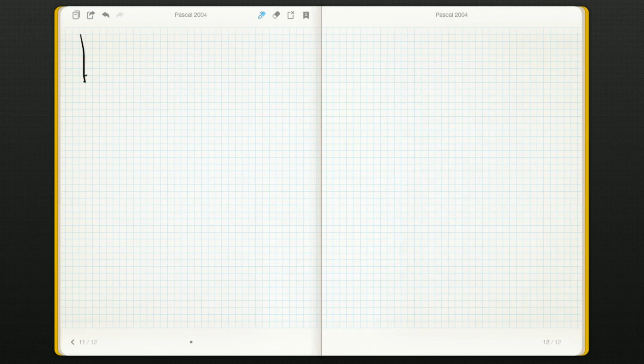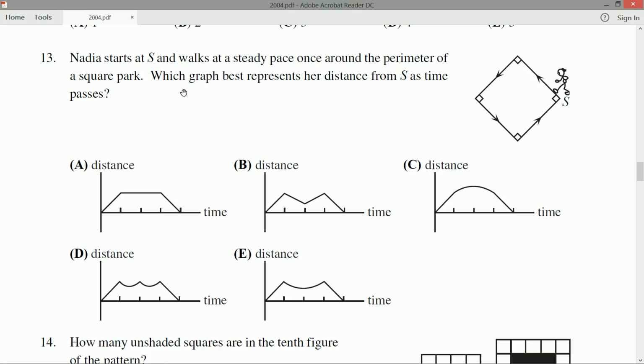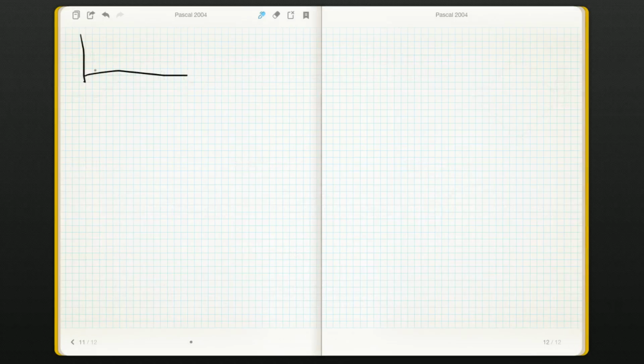I'm going to leave C to last because C is the right answer. Let's just rule out D and E, and then we'll be left with C. So that's D and that's E. D, once again, has the same distance above each of these ticks, but this one should be root 2 X, which should be higher.